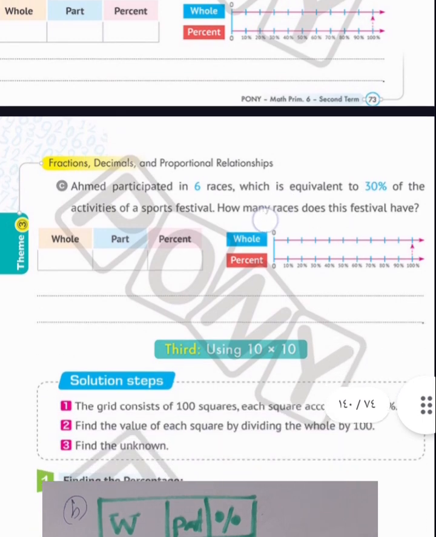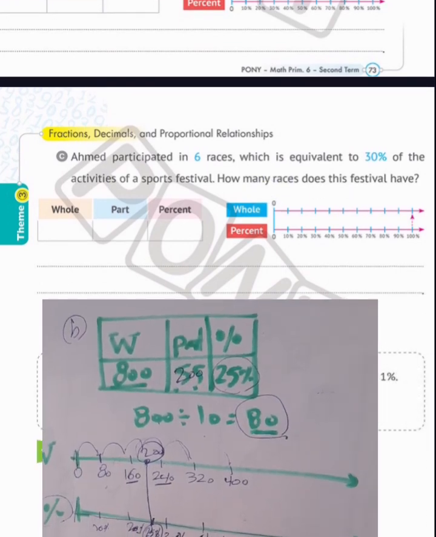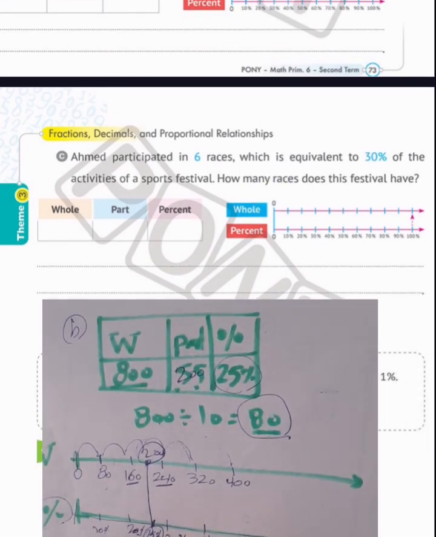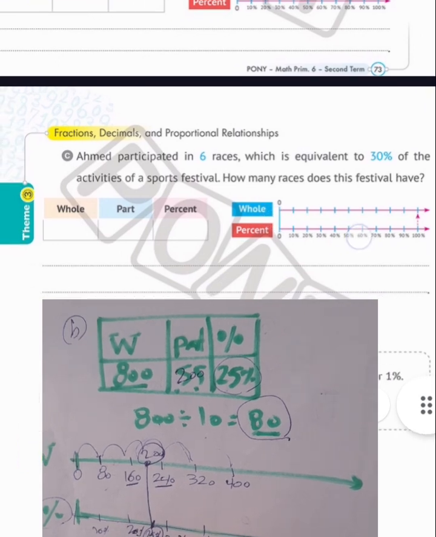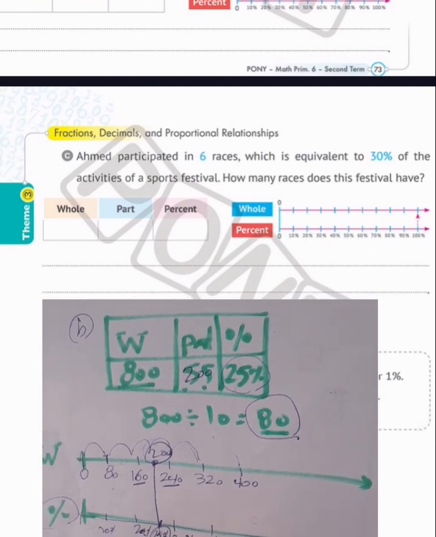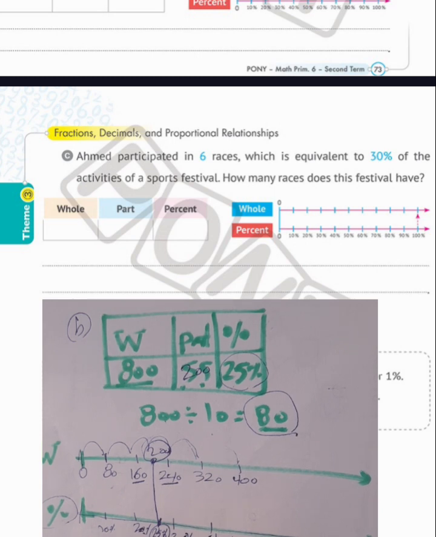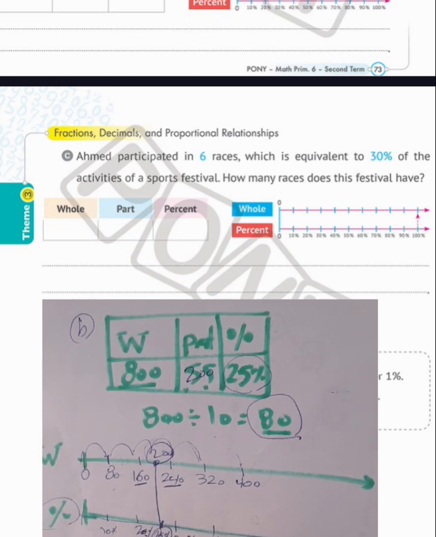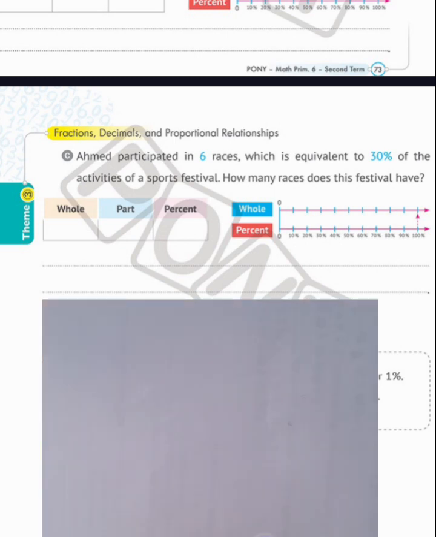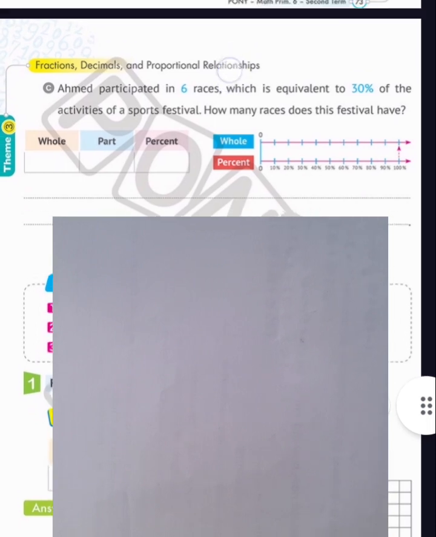Last question. Ahmed participated in 6 races, which is equivalent to 30% of the activities in the sport festival. How many races does this festival have? He gives us the part and we want to find the total.